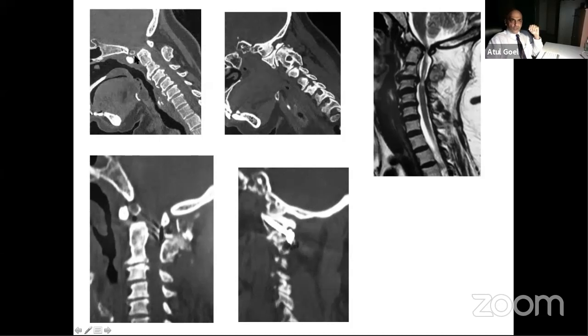When you see these ossifications around the facetal articulation in front of the odontoid process, there is no need to remove this. There is no need to do decompression. What you need to do is realignment and stabilization. So instability is the problem and stabilization is the treatment.